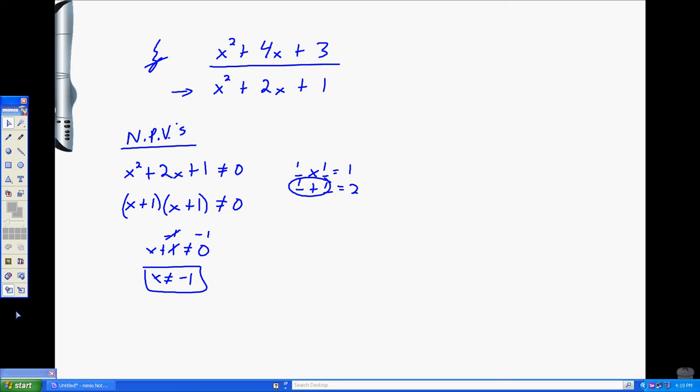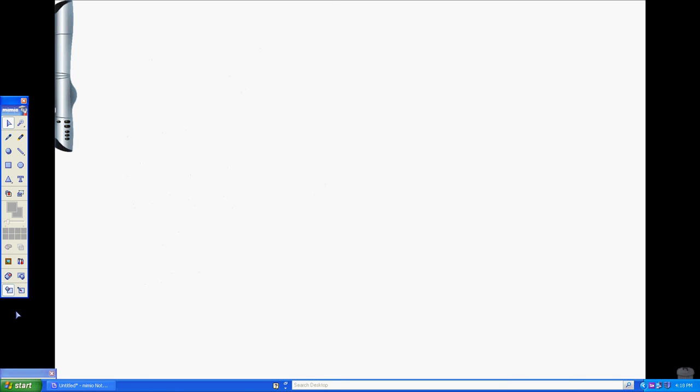What about if I do a little bit different here? Difference of squares, GCF situation. Let's go with a difficult trinomial upstairs: 2x squared minus 5x plus 2 all over 2x squared minus 50.